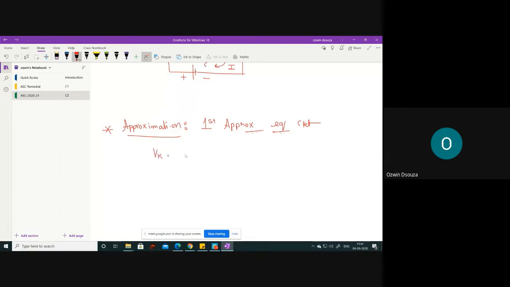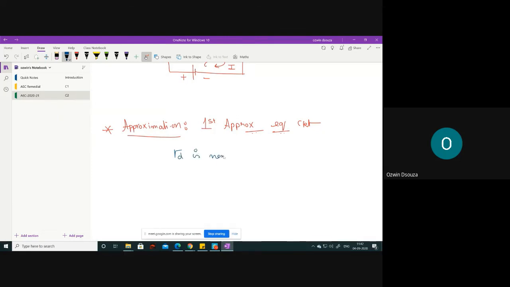we can neglect this VK. No, I'm sorry, VK is not neglected, because that's the barrier potential. In first approximation, what we can do is neglect RD.